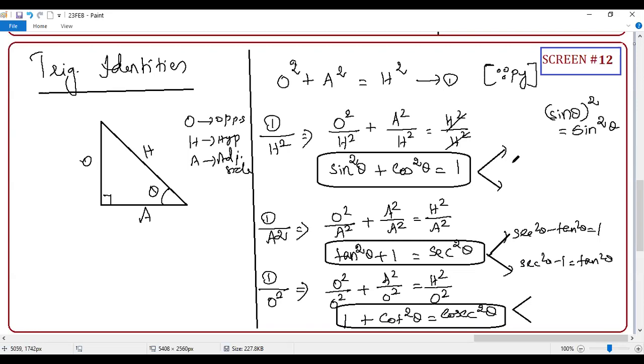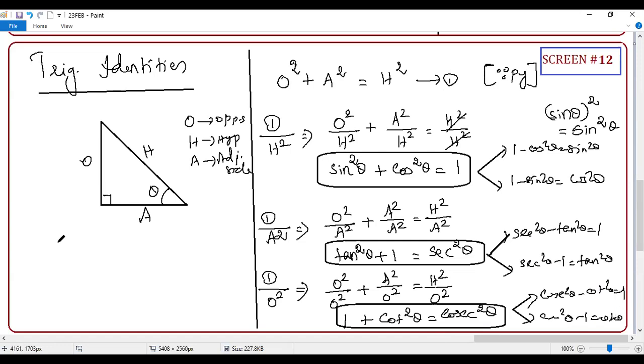Yes, sir. 1 minus cos square theta equal to sine square theta. 1 minus sine square theta equal to cos square theta. And can you tell me here? Same way. Cosec square theta minus cot square theta equal to 1, or cosec square theta minus 1 equal to cot square theta. Yes or no?